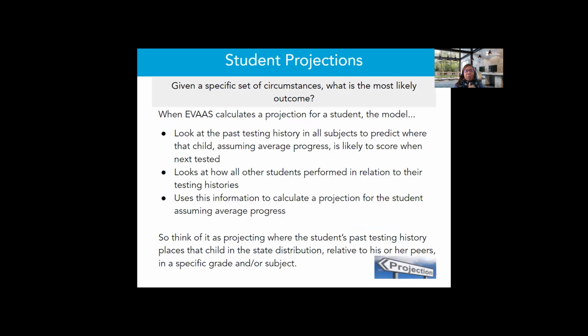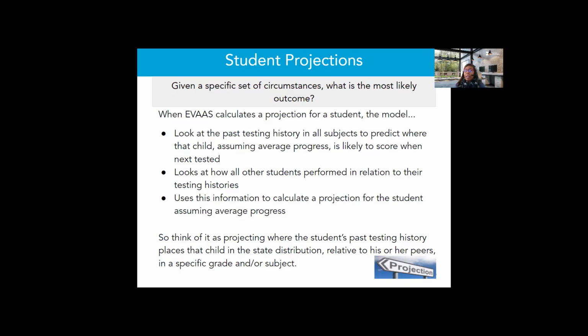So student projections, really, in essence, we want to know, how does EVAAS calculate student projections? What they do is they look at the past history of a student, testing history in all subject areas, to predict where the child, assuming average progress in an average year, is likely to score, right? And they look at how all other students perform in relation to their own testing histories as well, right?